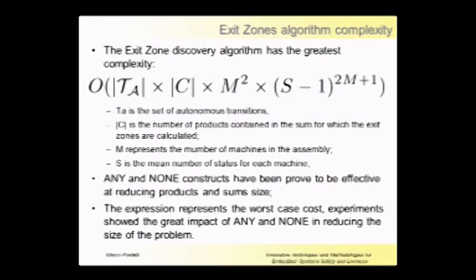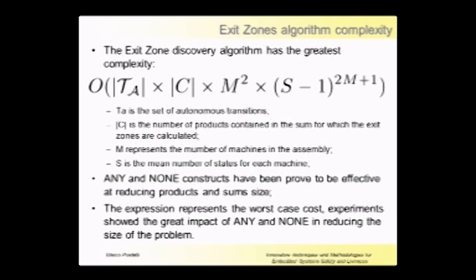because first of all the number of products is reduced, and then if I have an any proposition, its negation, which is required for the exit zone determination, is simply the none expression.